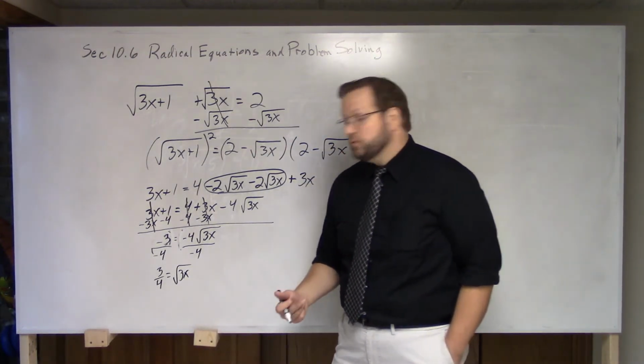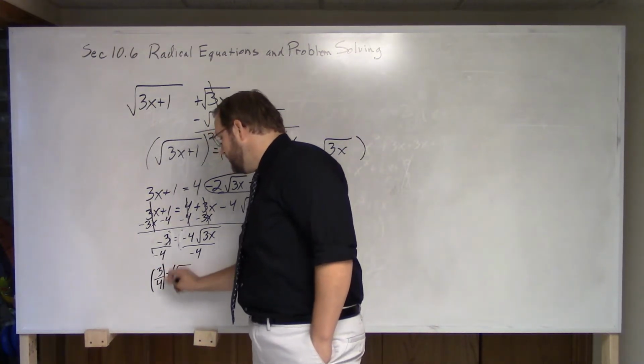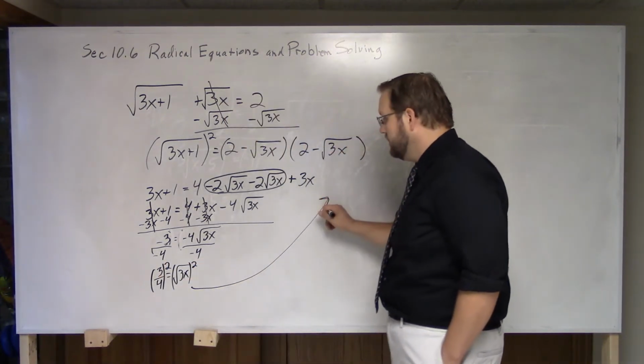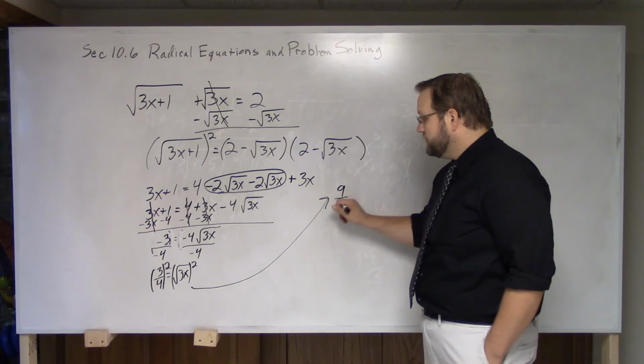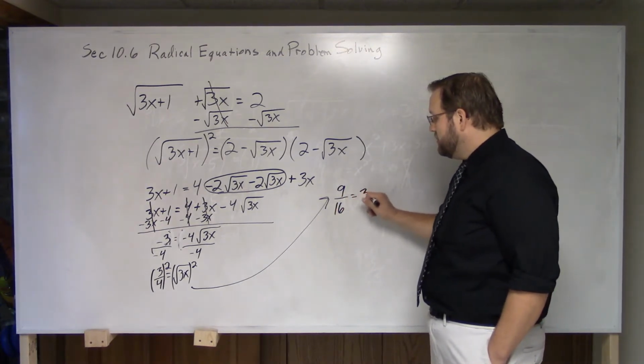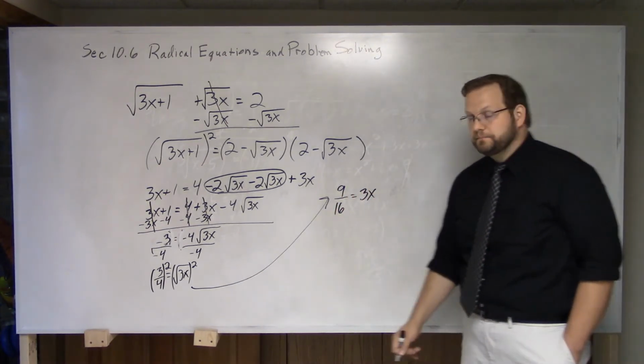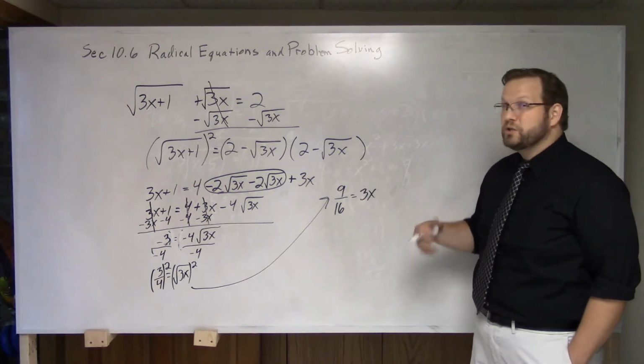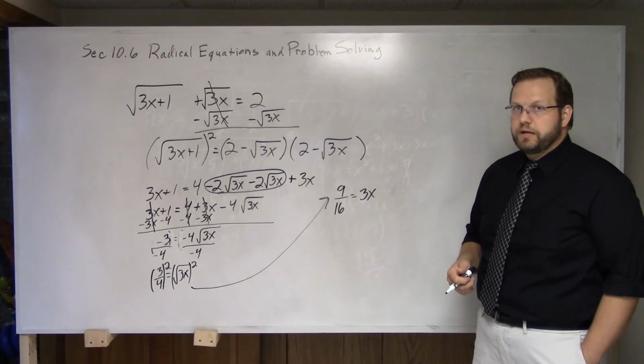Now I can square both sides. I get 9 over 16 equals 3x, because 3 squared, 4 squared gives me this. Squaring that square root of 3x is just a plain old 3x.